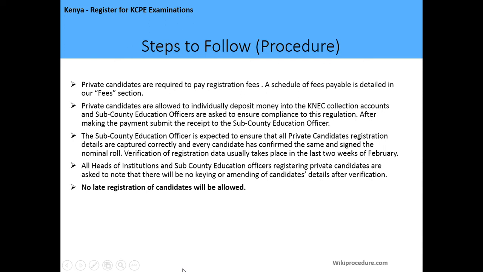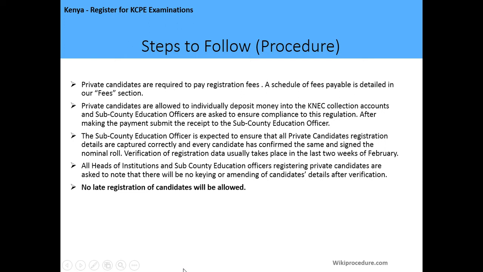After making the payment, the private candidate is supposed to submit the receipt to the sub-county education officer, and the sub-county education officer is then expected to ensure that all private candidate registration details are captured correctly, and every candidate has confirmed the same and signed the nominal roll.